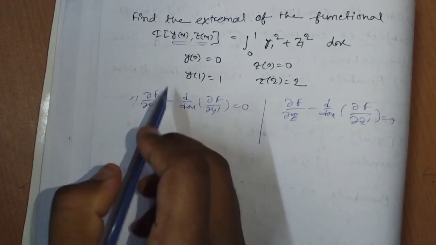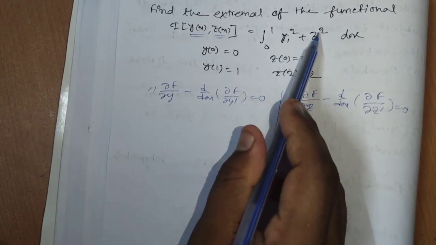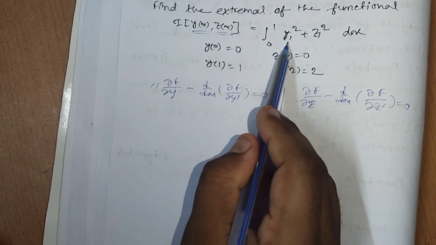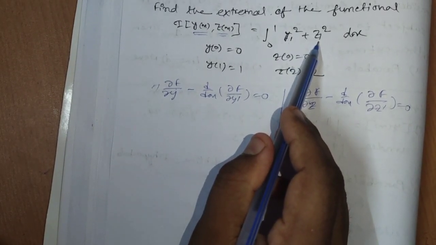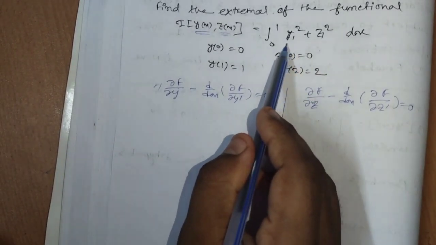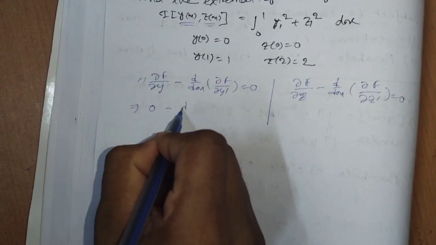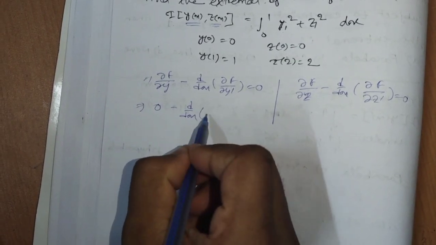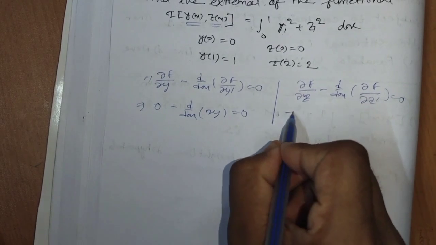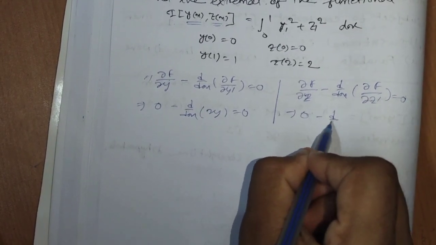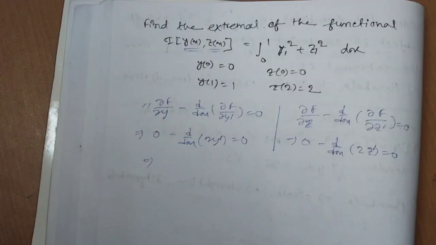What is f? f is here y dash square plus z dash square. Here y1 means y dash and z1 means z dash, that is the first order derivative of y and z respectively. So this will be 0 minus d dx of 2y dash equal to 0, and here also 0 minus d dx of 2z dash equal to 0.